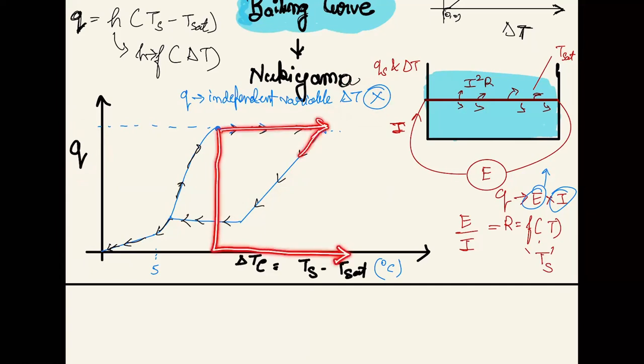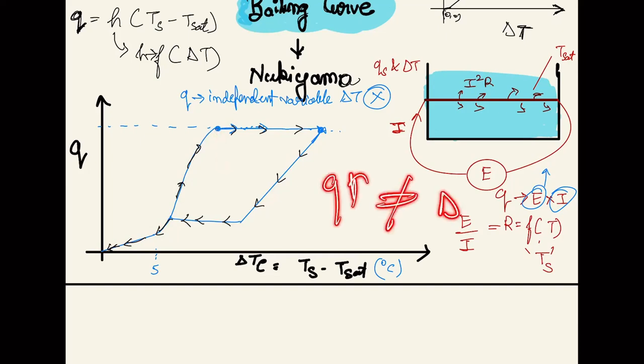But while reducing the Q, I could capture it up to here, but then again, I'm seeing a flat line like this over here. So he said that my experiments are okay up to this point, but from here, increasing the Q does not imply that delta T will increase. So that's why you are seeing some kind of hysteresis like this.